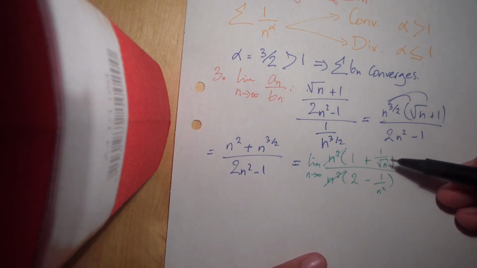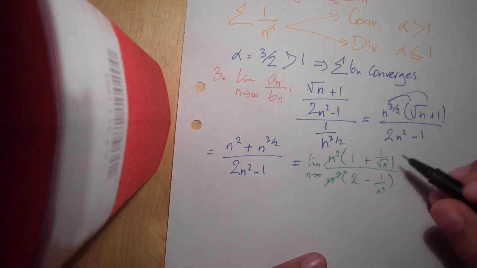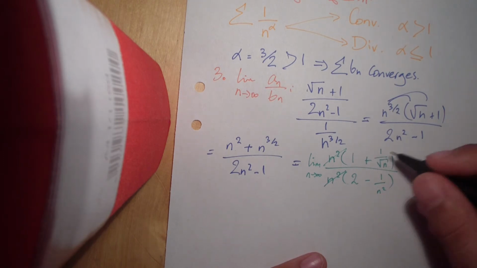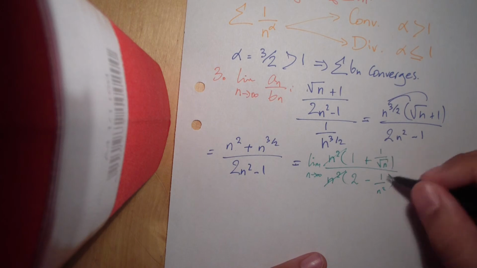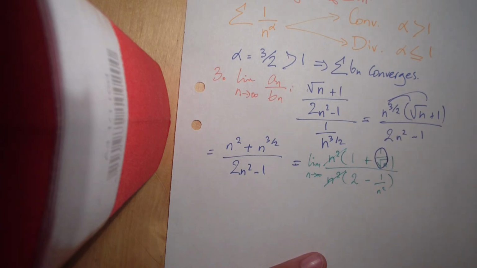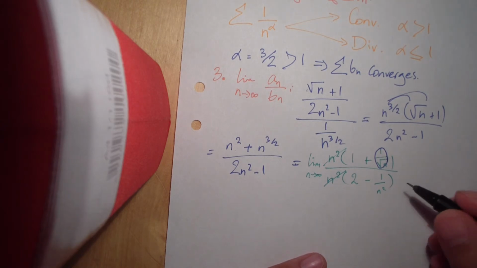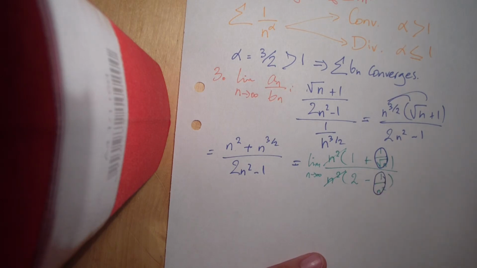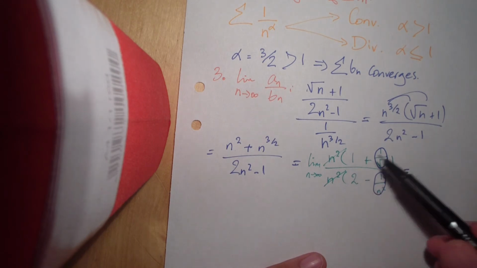So 1 divided by a trillion or more is really close to 0, because the larger the number you divide 1 by, the smaller the whole number becomes. So this tends towards 0. Here, the same logic: 1 divided by a super large number squared is really close to 0. So what we are left with is just 1 over 2.